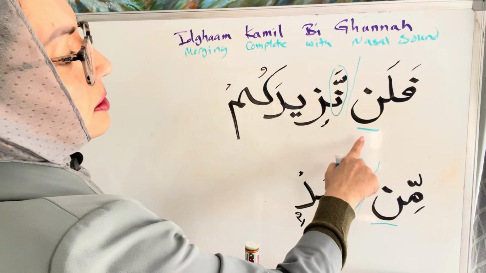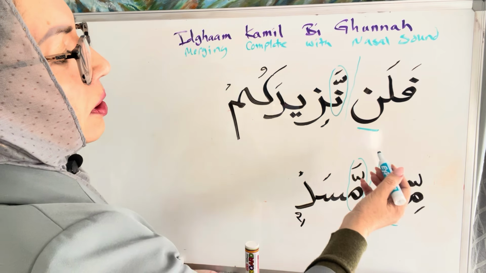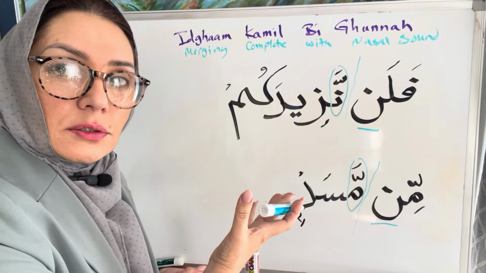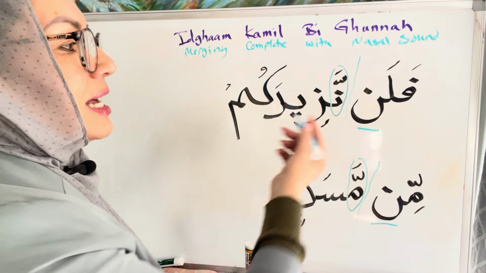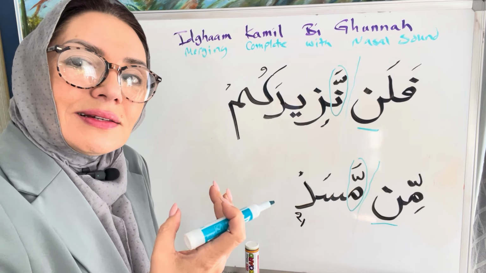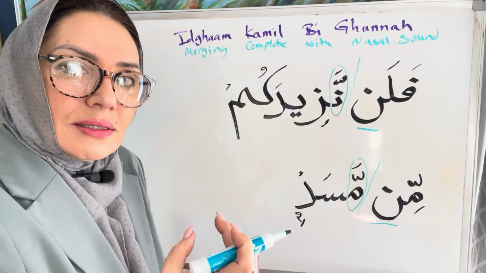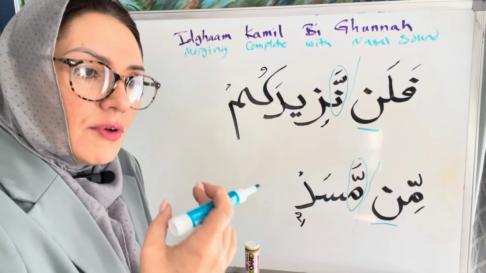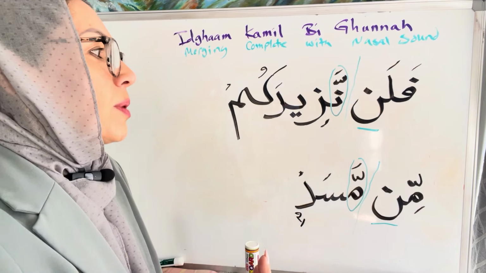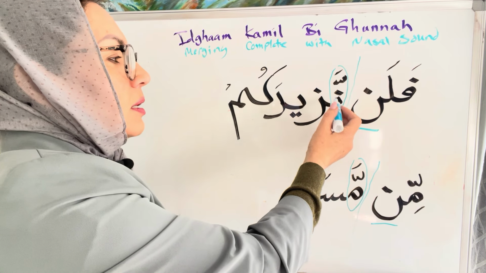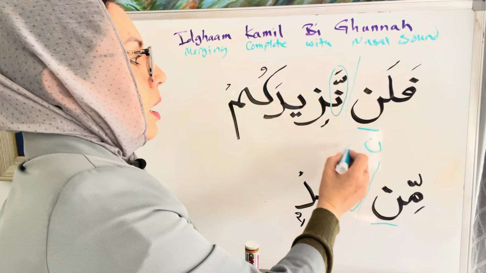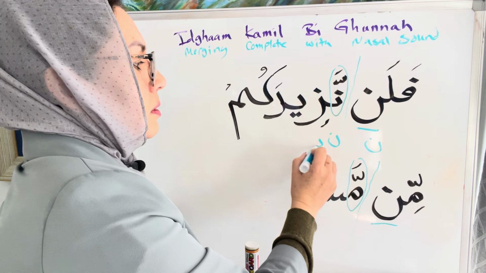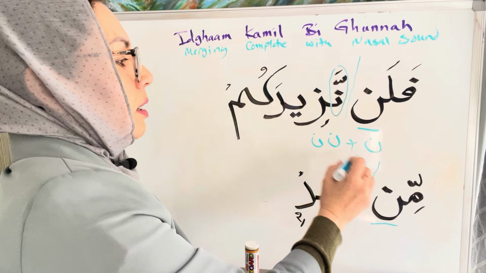Okay, so for example, when we read this, how do we read it? It's almost as if this noon doesn't exist when we read this, right? So you're just going to read it as falan nazidakum. Noon is already here. We already have 2 noons here. There's 1 noon here, and then there are 2 noons in here. So you've got a lot going on.